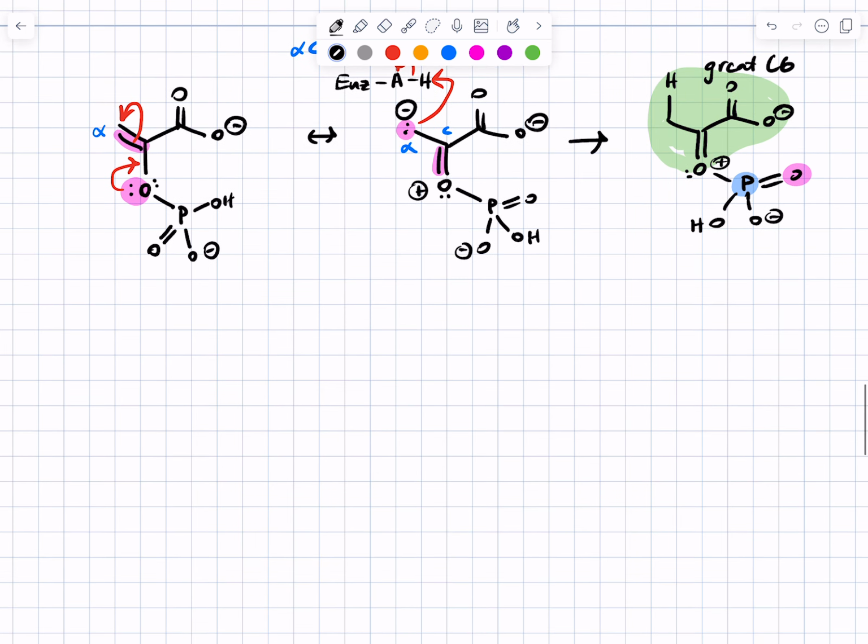So now this thing is primed to be attacked by a nucleophile, and the nucleophile is ADP. So again, we're just going to draw maybe just the beta phosphorus of ADP. We'll show lone pairs on that beta phosphorus attacking what is going to become the gamma phosphorus.